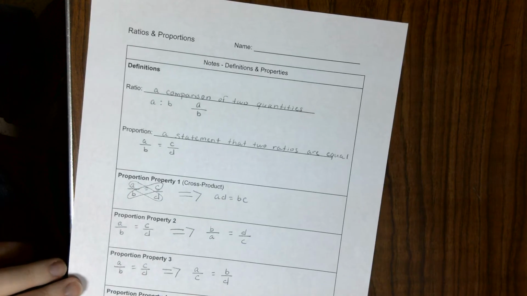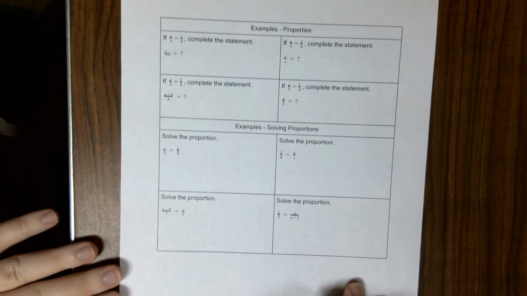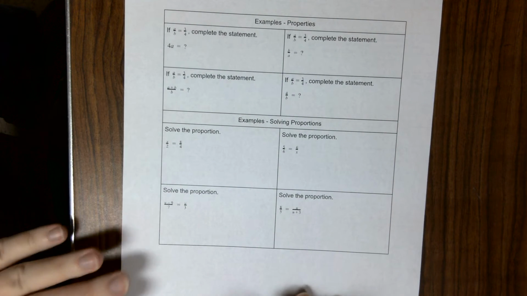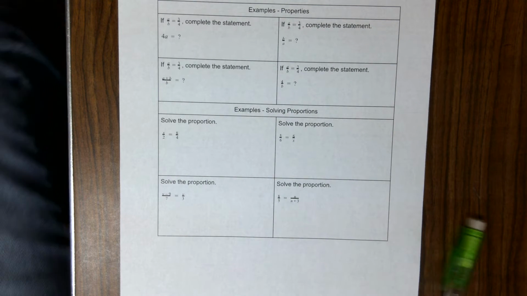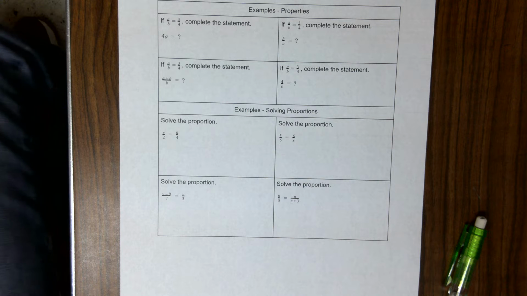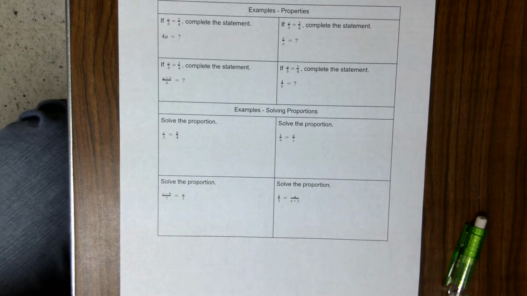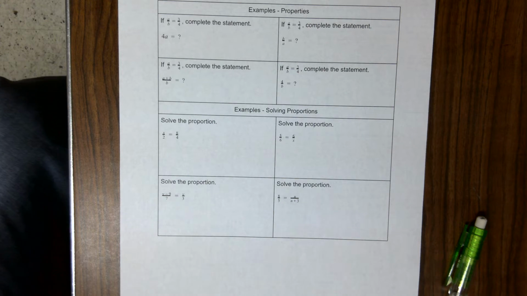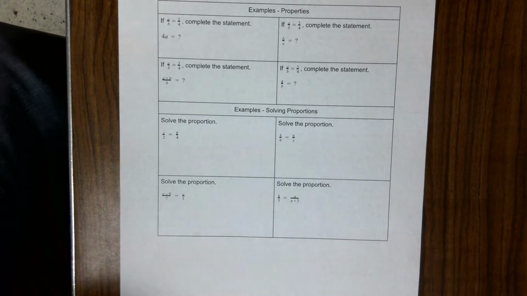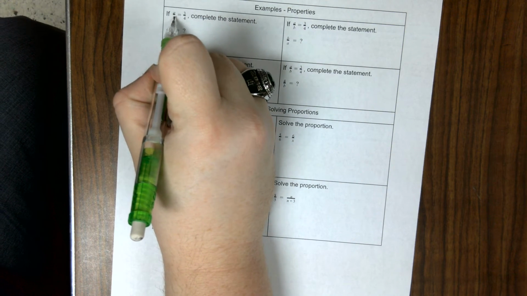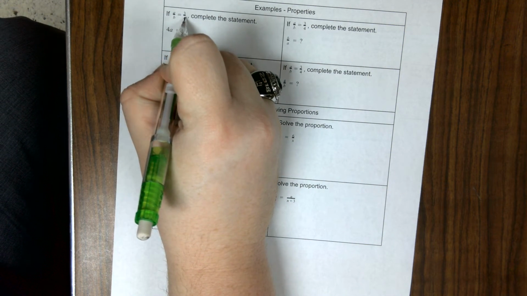Now we're actually going to use these things. All right, so the first 4 problems I've got for you here is just using those equivalence things. So notice every time we've got the same proportion. A over B equals 3 over 4.